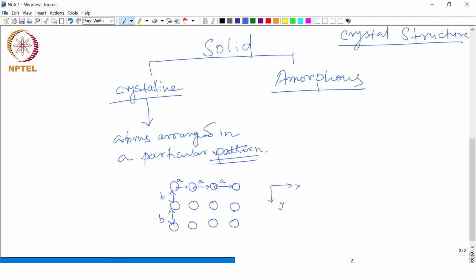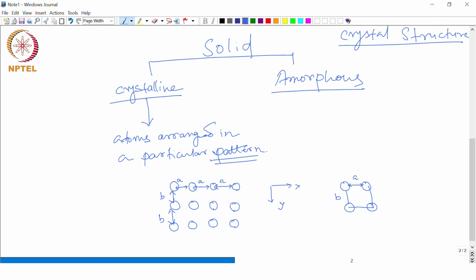So, therefore, this kind of structure can be defined by this one unit itself, where along x the repeat distance is a and along y axis the repeat distance is b. Okay. And this can be repeated in all the 3 directions.